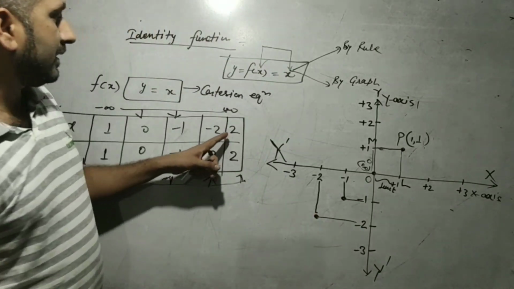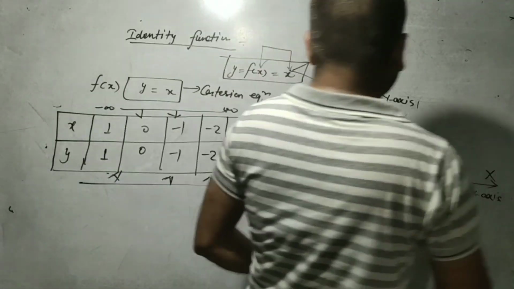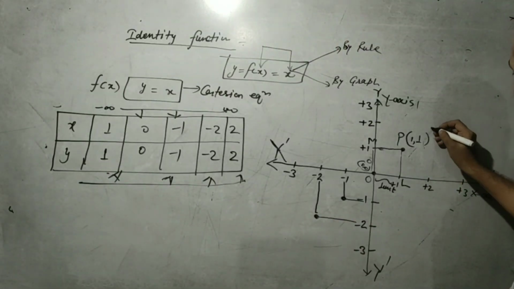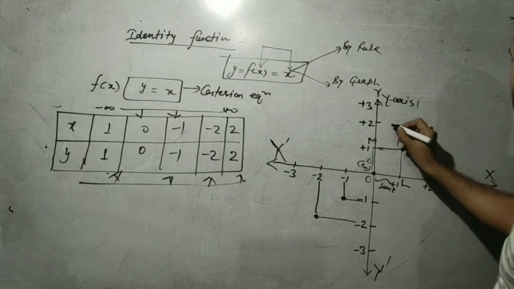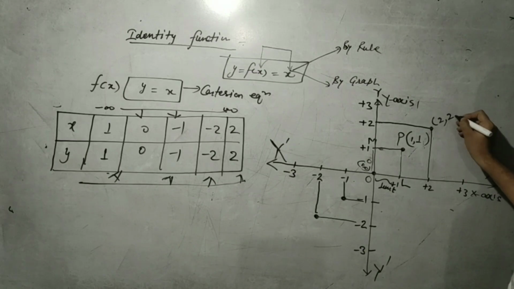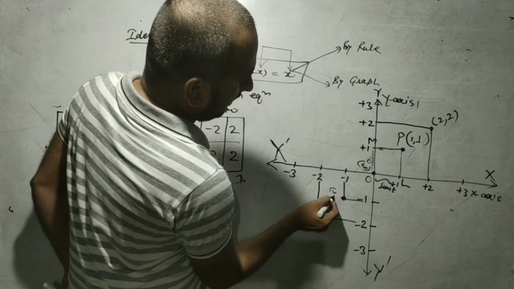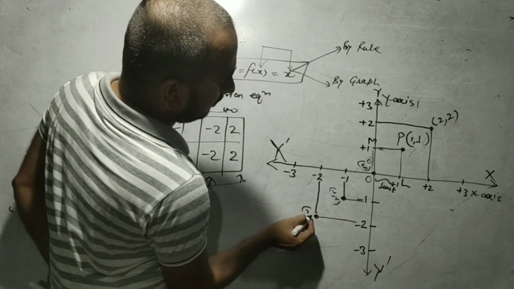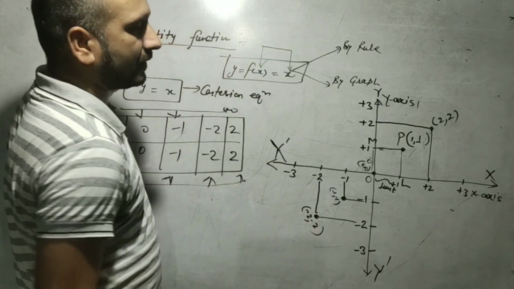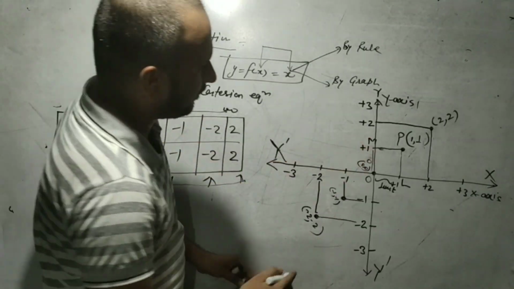And if x is equal to 2, the value of y is already 2, so we will locate it here. What are the coordinates of these points? 2 comma 2, minus 1 comma minus 1, and minus 2 comma minus 2. Now I am going to join these.